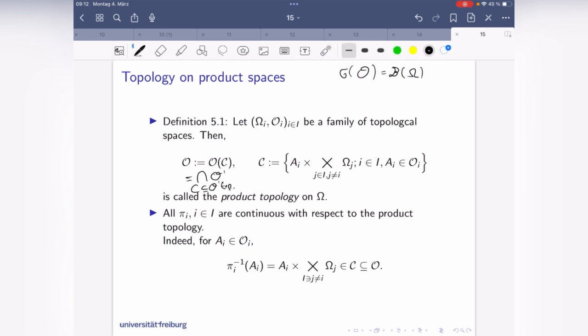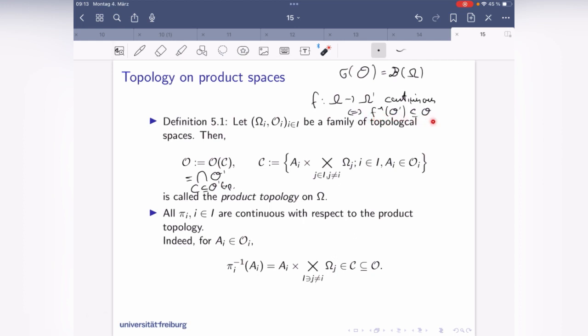Recall that if you have a map f from omega to omega prime, two topological spaces, that's continuous if and only if, I write it very briefly like this, f to the power of minus 1 of O prime, so that's the topology on omega prime, is a subset of O, which means the pre-image of every open set is open.